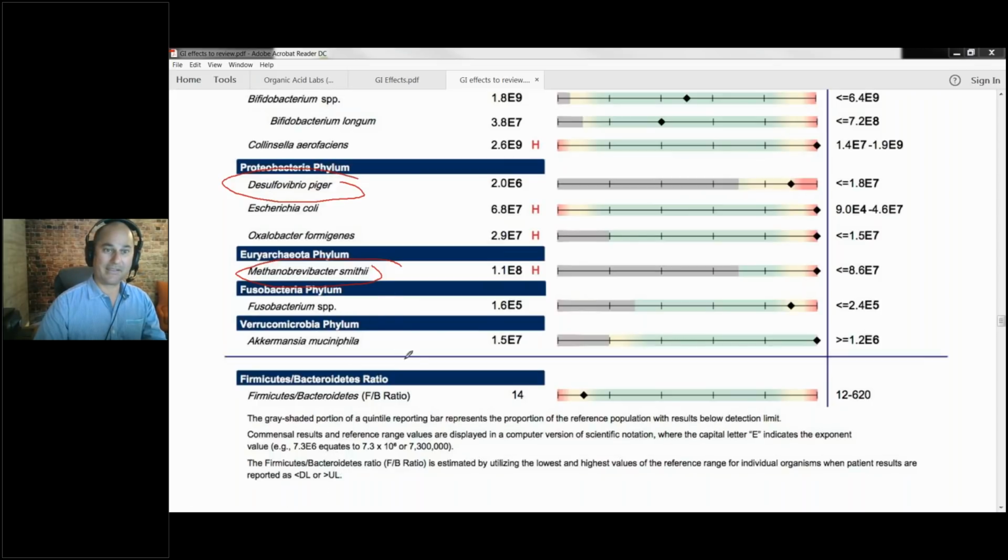For Akkermansia, you can use chicory, you can use inulin, you can use FOS. So you have a bunch of different options when you see these levels that are low to bring them up on the intervention side. And to restate, Akkermansia muciniphila also responds really well to berberine. So if you see low Akkermansia muciniphila, you can think about berberine as well.